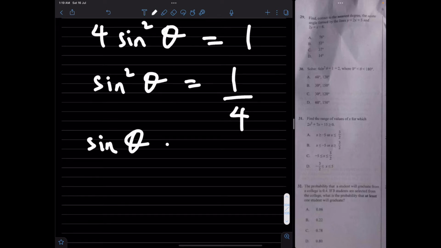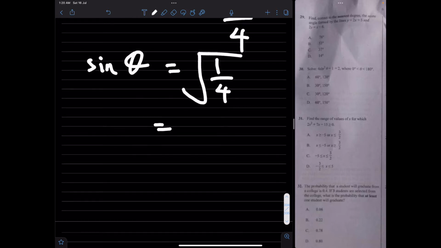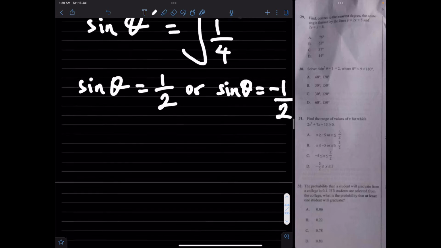And sine theta itself will be equal to the square root of 1 over 4, which simply means 1 over 2. I can write it as plus or minus 1 over 2, but let me just write it as sine theta equals 1 over 2 or minus 1 over 2.